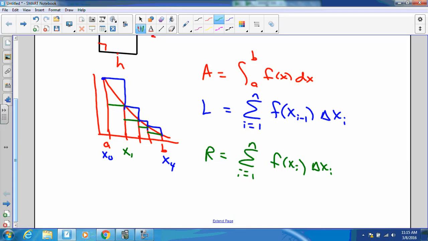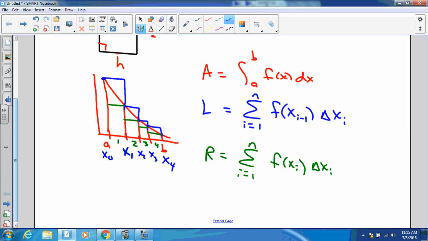Because I forgot, can you explain that i minus 1? Why do we have that? Because if you number these rectangles 1, 2, 3, 4, and number your x's starting at 0, you get x0, x1, x2, x3, and x4. Notice it takes 5 x values to define a partition with 4 subintervals, right?